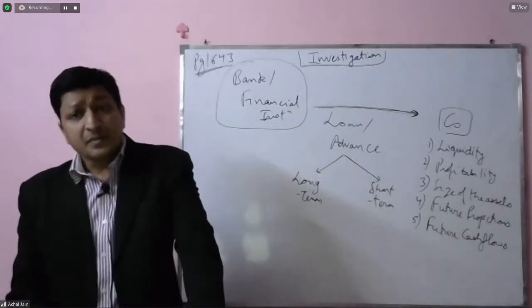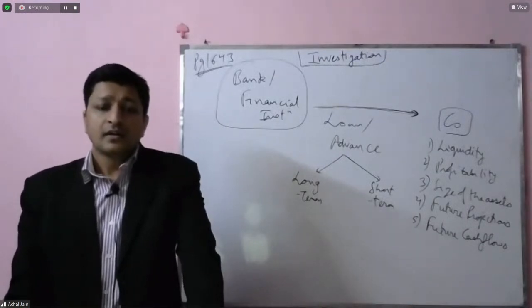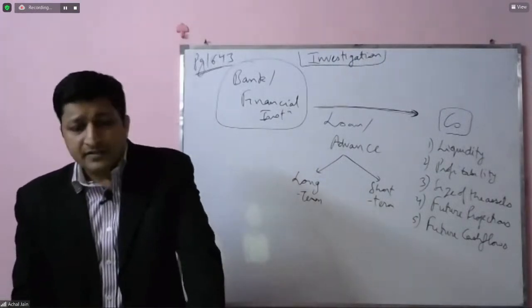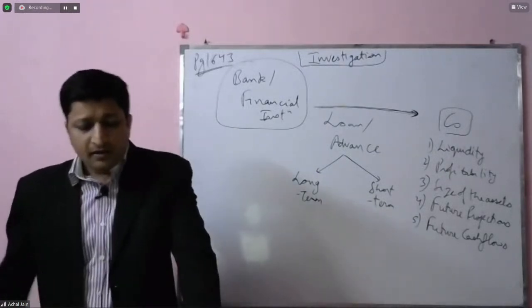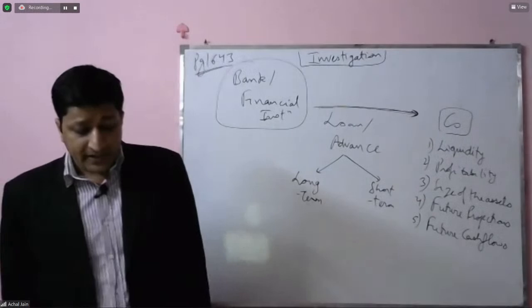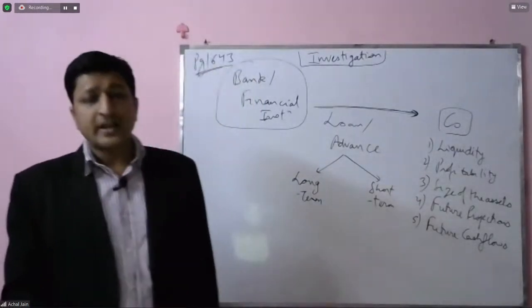Depreciation, whether the depreciation is computed using the reasonable useful lives or not. Correct? So it's all about checking the fixed assets. Similarly, there are various items in the balance sheet which will have to be analyzed.